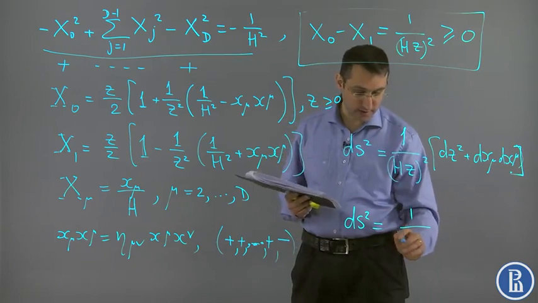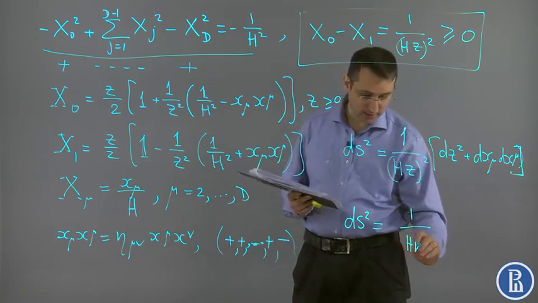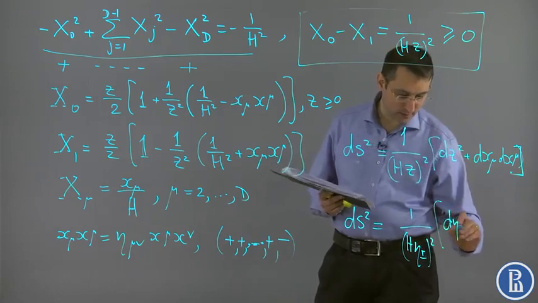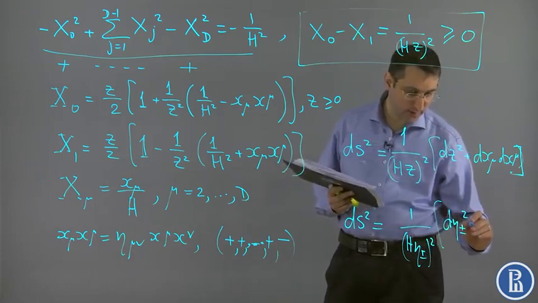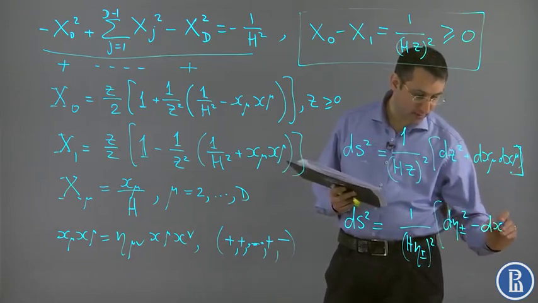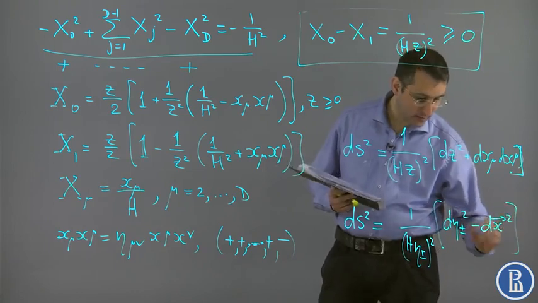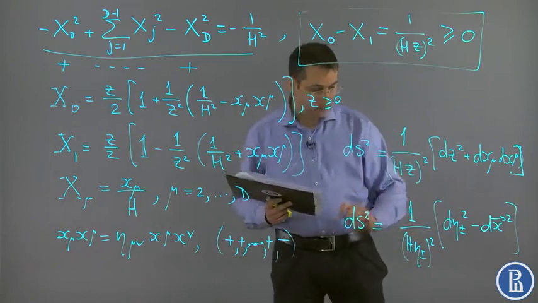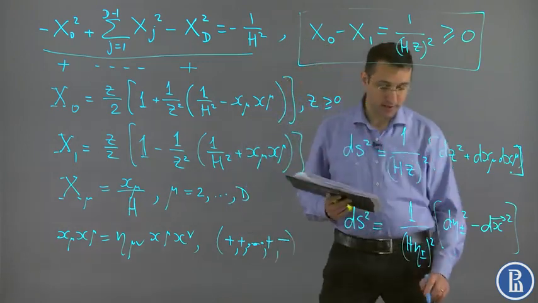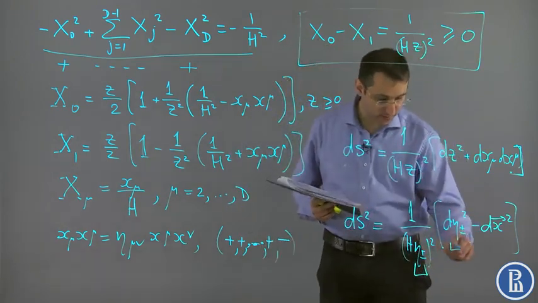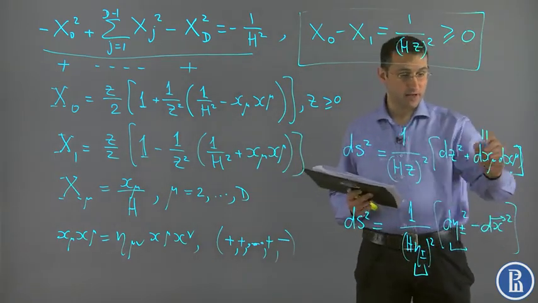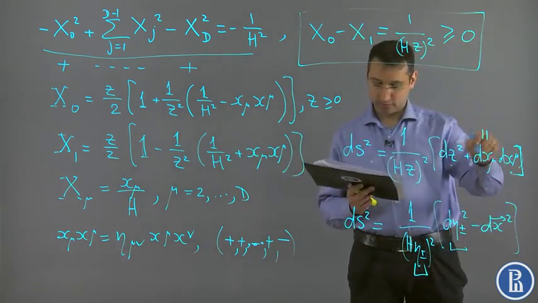Remember that we had h eta plus minus squared, d eta plus minus squared minus dx squared. But here there is a crucial difference with respect to the de Sitter metric. There, eta is time, but here z is space-like. Time in anti-de Sitter space is among these coordinates.